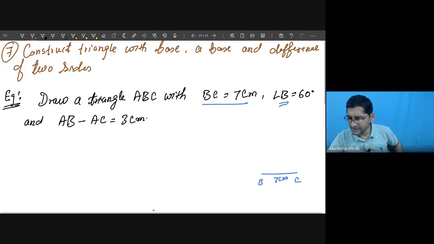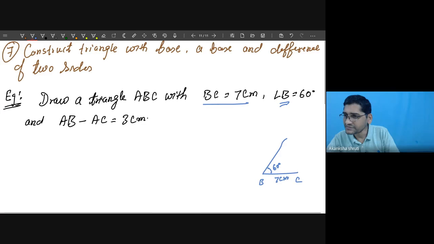At angle B there is our 60 degree, and A will be somewhere on this. Let me reduce this number slightly so that it will be convenient to draw. Let us take this as 2 centimeter. Let us also change this angle from 60 degree. We can draw at 60 degree also, that doesn't make any difference.